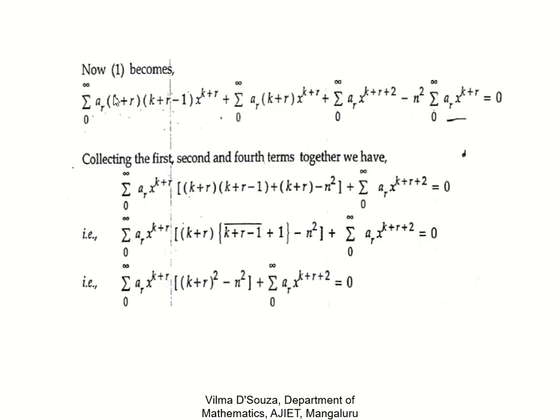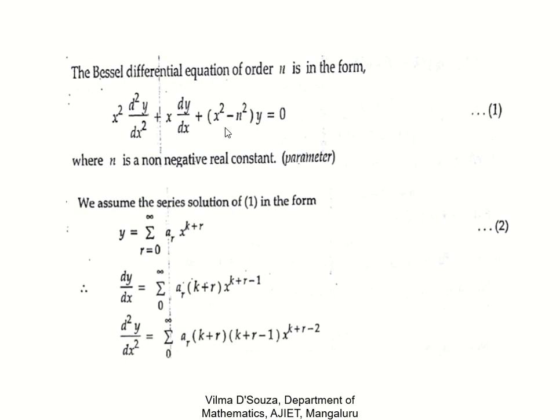So write it down: summation a r into k plus r into k plus r minus 1 into x to the power k plus r, plus the second term, summation a r into k plus r into x to the power k plus r.